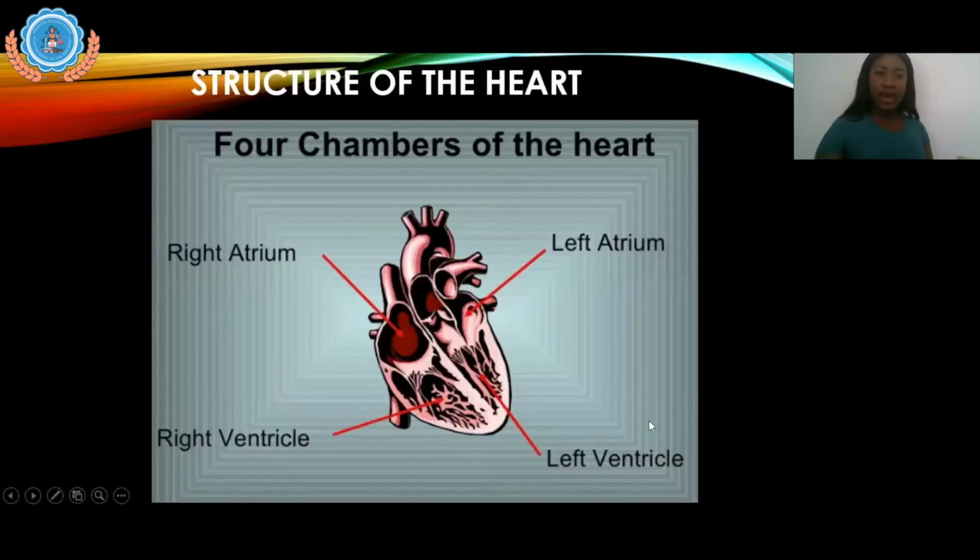So let's go ahead again. The 4 chambers of the heart, as we know, are the right atrium, the left atrium, the right ventricle, and the left ventricle.